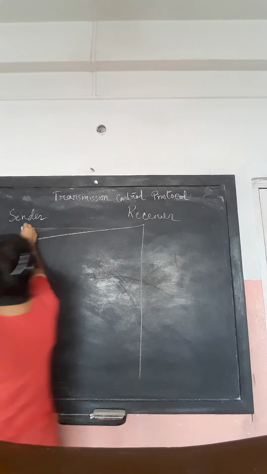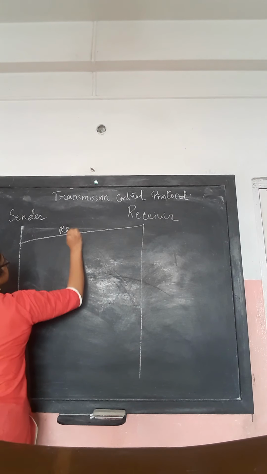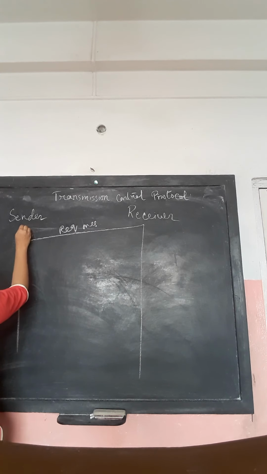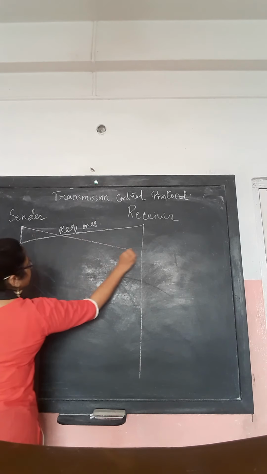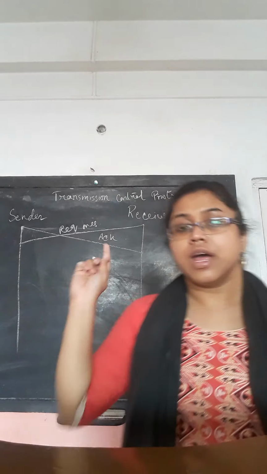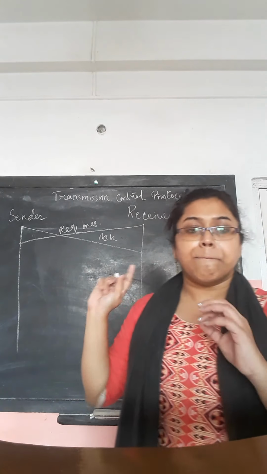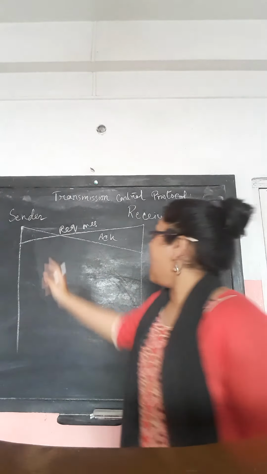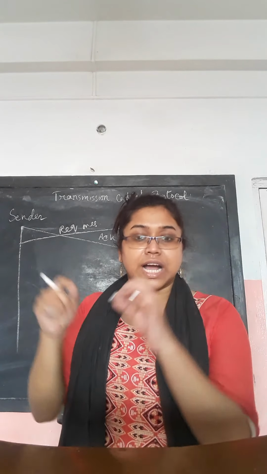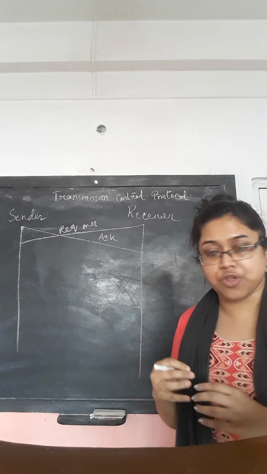Sender will send an acknowledgement message that I have got your request, and now I am going to make a connection with you. After this message, the sender and receiver will connect by a single connection.